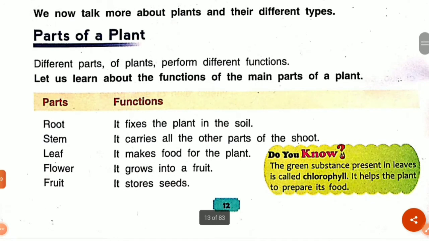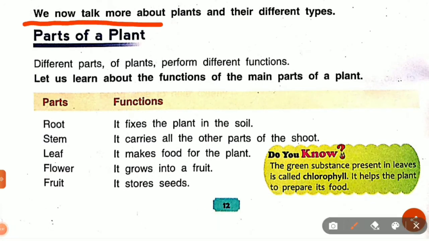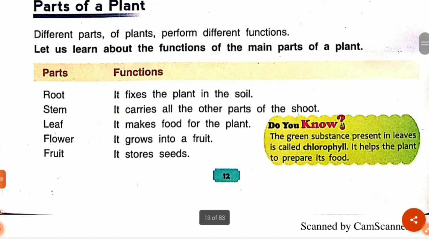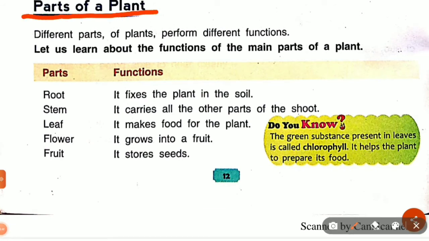Now let us talk more about plants and their different types. The first thing we're going to see is parts of a plant. So what are all the various parts? In the previous lesson we saw my body. What are all the various sense organs we had?